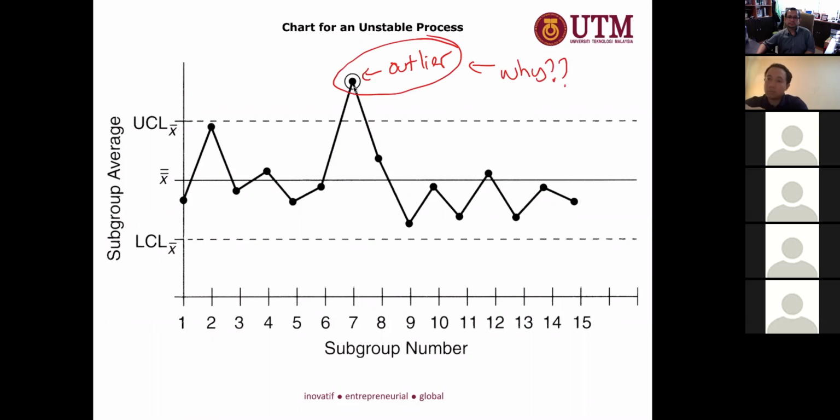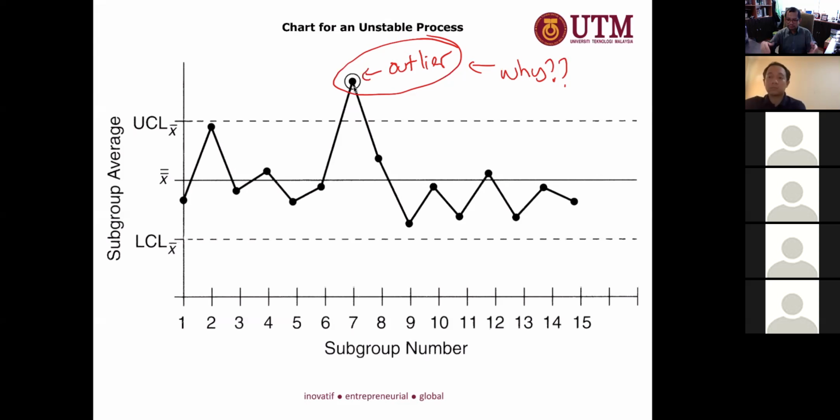But when we deal with SPC and we have this outlier, actually in Dale Besterfield's book, they derive the formula for how we calculate the final upper limit and lower limit when we have an outlier. But I don't want to confuse you.